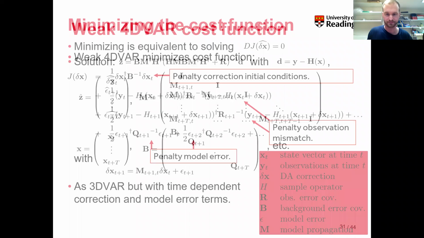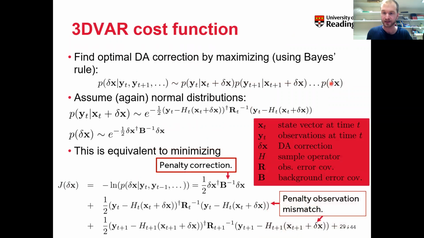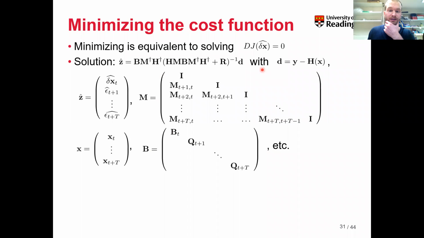So there's the covariance for this probability, so the covariance and the probability for the data assimilation correction at the beginning of your analysis window, plus all the model error covariances at later times.